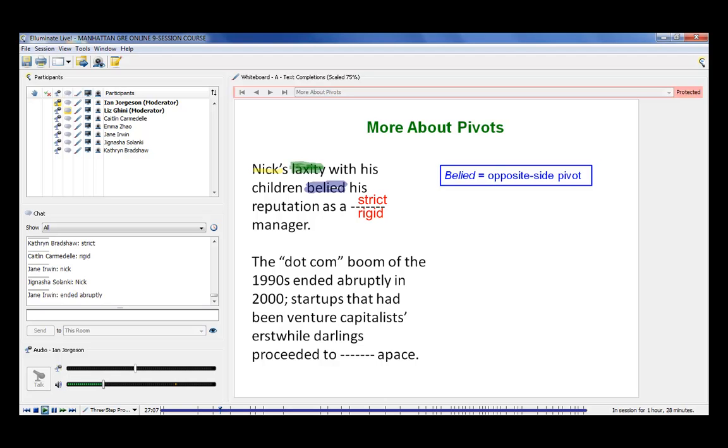Ended abruptly. Yeah, I'd agree with that, right? The boom ended abruptly. So there's one other thing that I would put in here: what does the word apace mean? What does that even mean?